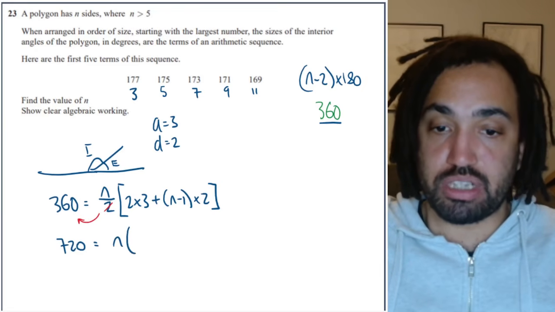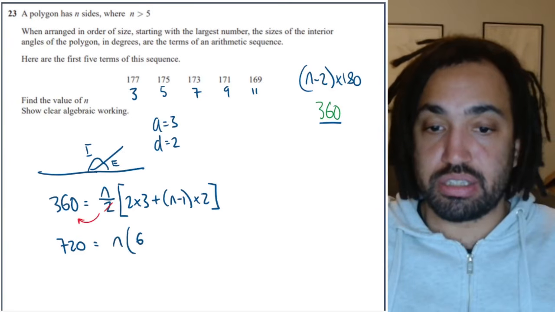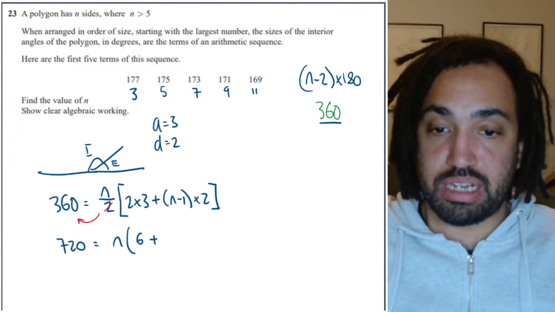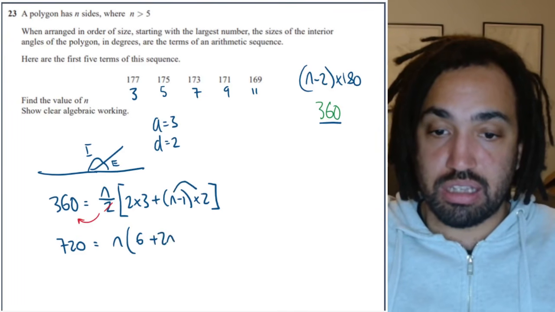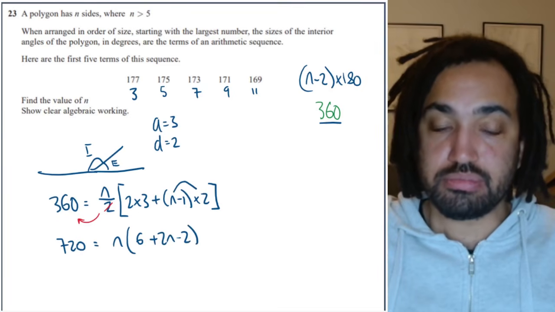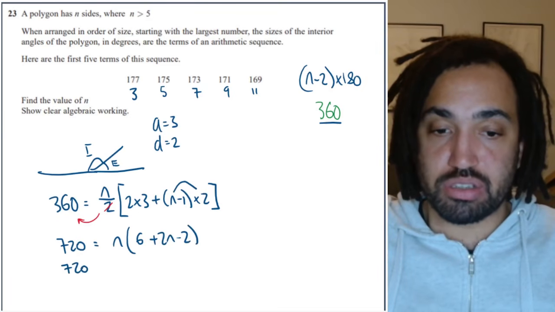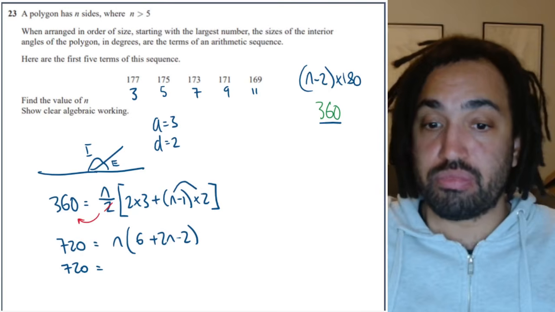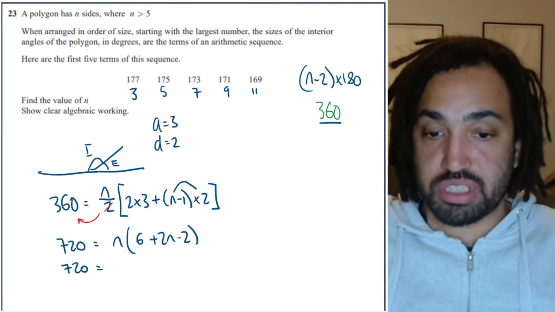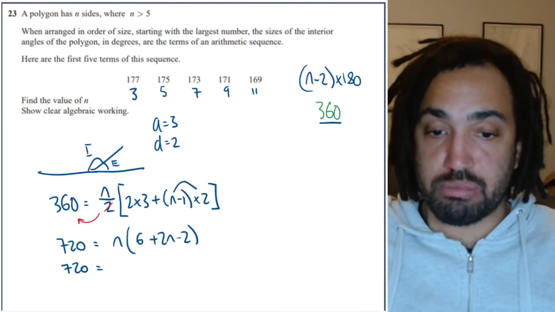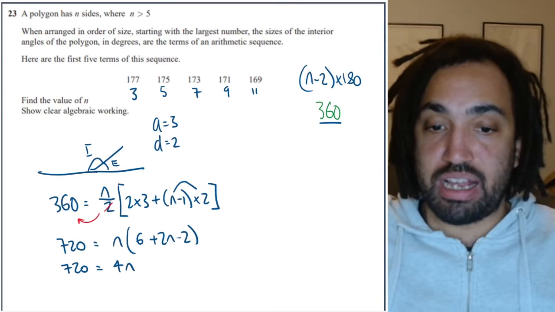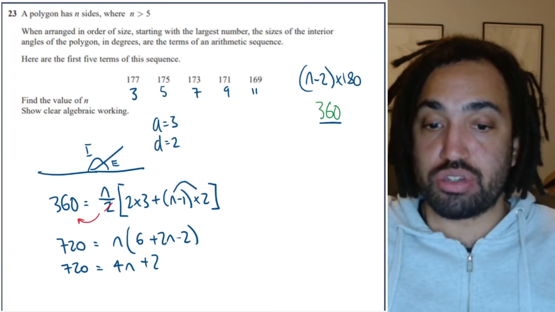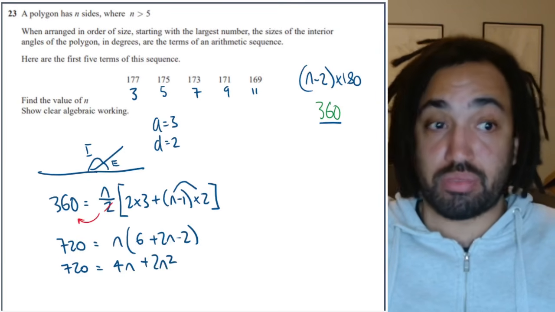Let's tidy up inside the brackets. 6 and multiplying out is going to give me 2n minus 2. So I get 720 is equal to, well, 6 minus 2 is 4, times by n is 4n, and n times by 2n is 2n squared.